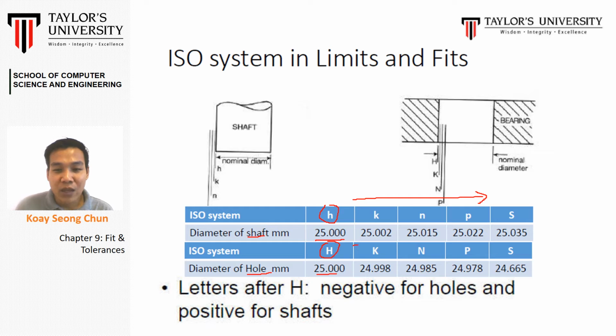The alphabets after H, like K and P, mean the hole needs to have a minimum limit for the tolerance.